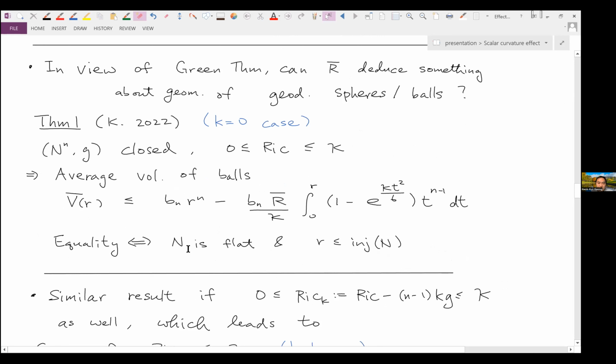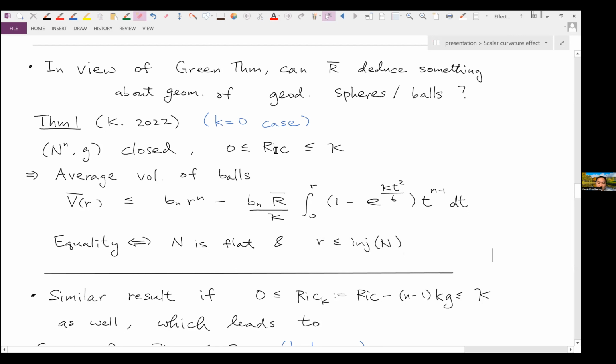The equality holds if and only if the manifold is flat, that means locally it's just Euclidean, and the radius is less than or equal to the injectivity radius. The injectivity radius is the largest radius that makes sure the exponential map is a diffeomorphism at every point.